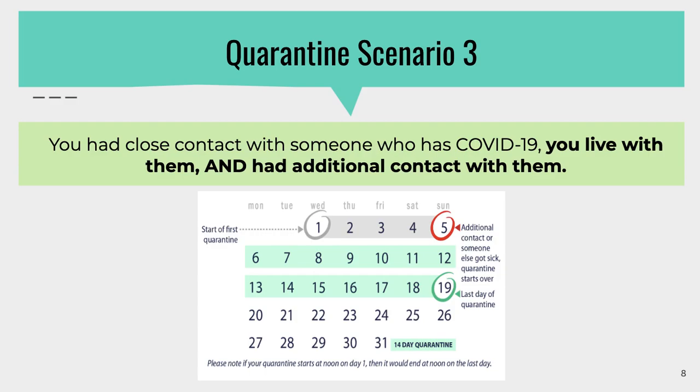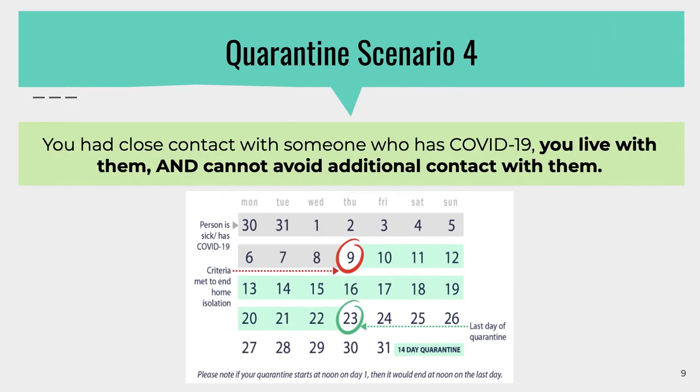So on this graph, you started your quarantine on the 1st, and then you're quarantining, and then on the 5th, you had contact with the same person who has COVID-19, or maybe someone else in your household got sick. So that means you have to restart the 14 days. So 14 days from the 5th, which is the 19th, that green circle, would be your last day of quarantine.